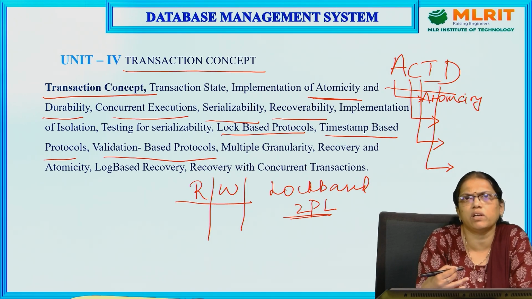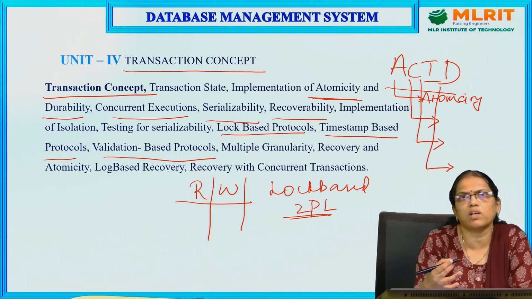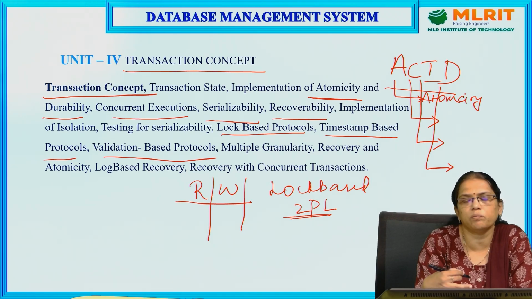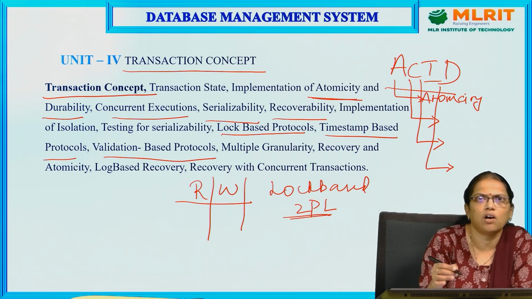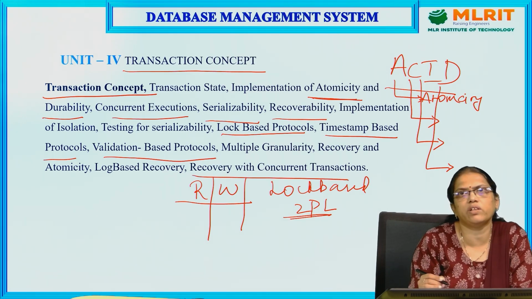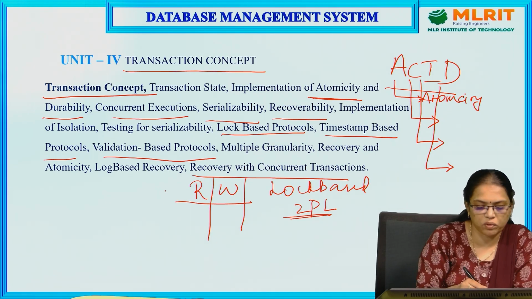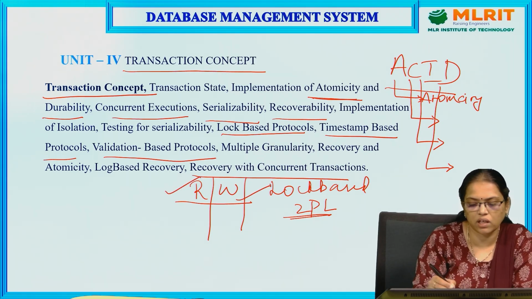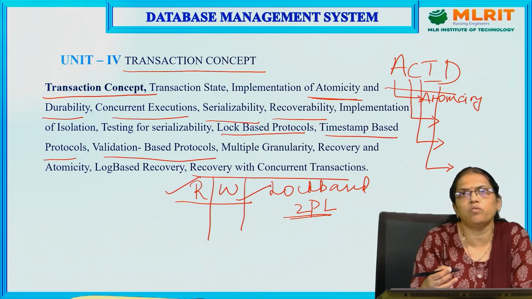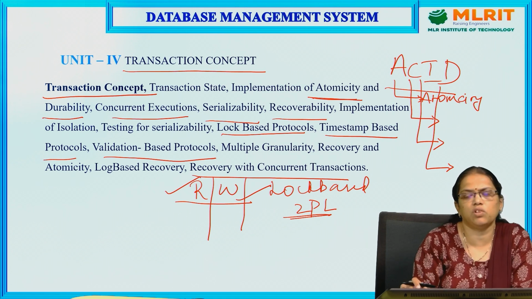These are different types of protocols, which we will discuss, on how to overcome the disadvantages of serializability and how we test this. And also we will be discussing recovery with concurrent transactions, meaning if at a time you want to perform more than one read operation and write operation, how we perform it using recovery. So this is about the fourth unit.